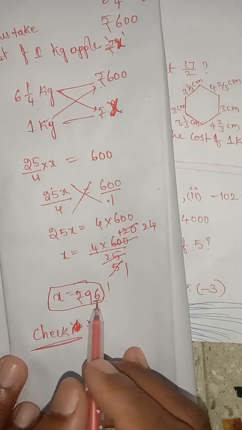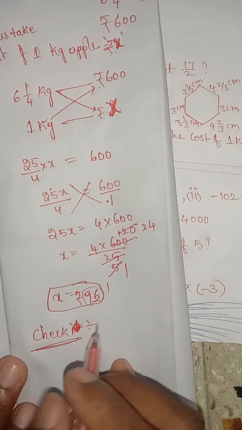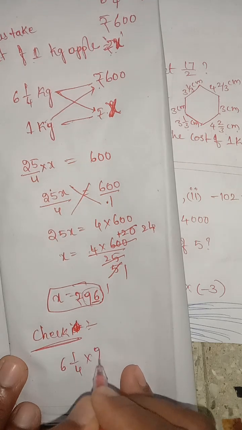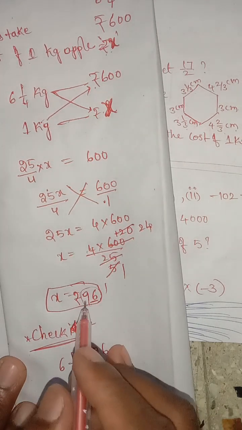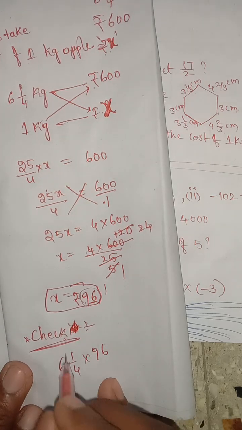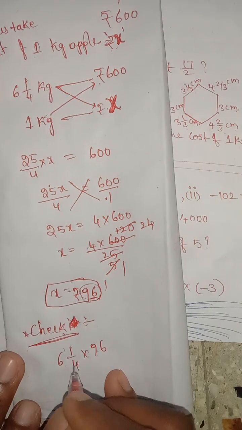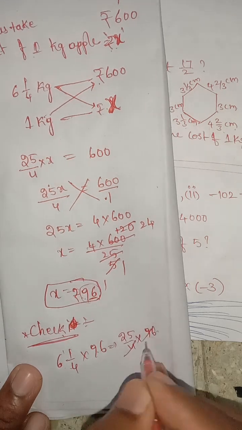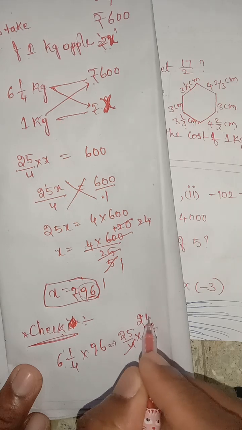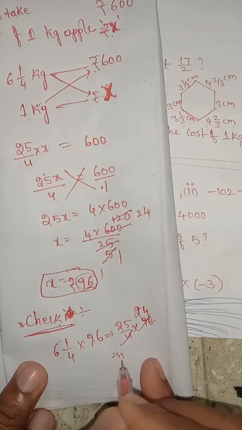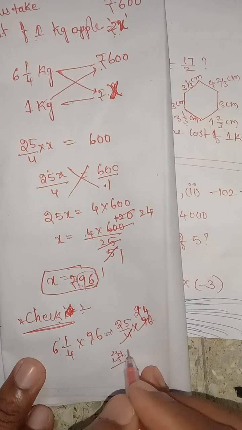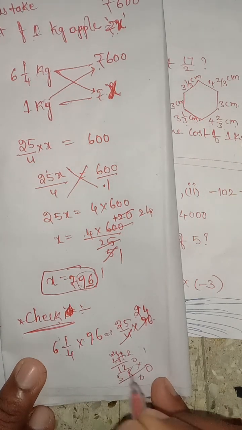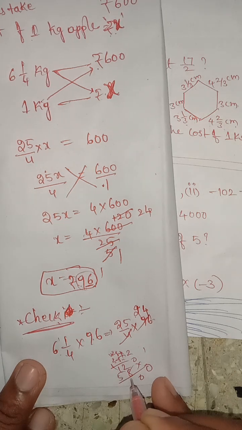Already found, 96 rupees. Now check whether it is right or wrong: 6 whole 1 by 4 into 96. 6 4s are 24, 25 by 4 into 96. 4 into 96 gives 24, and 24 into 25 gives 600.